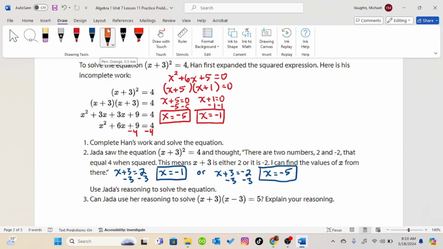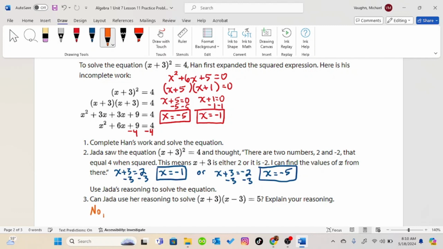And number 3, can Jada use her reasoning to solve x plus 3 times x minus 3 equals 5? Explain your reasoning. So Jada's method was to take the square root of both sides.